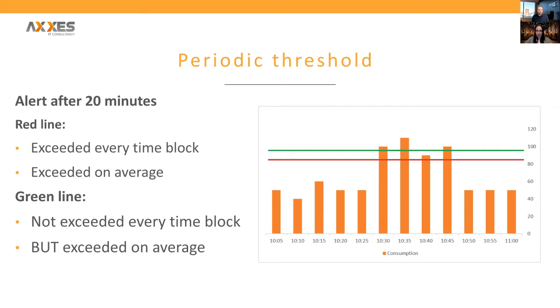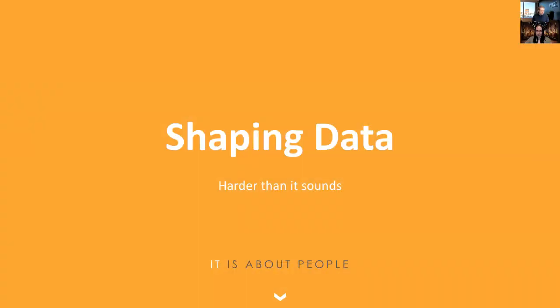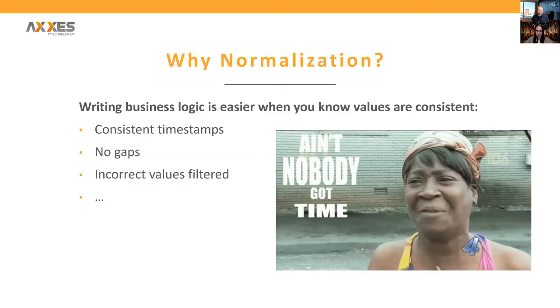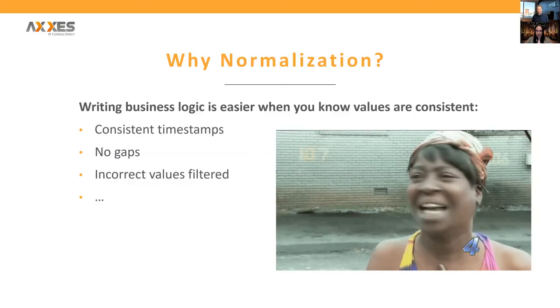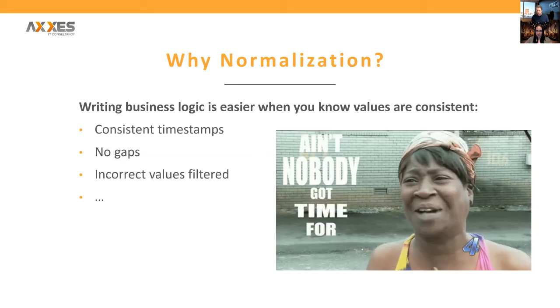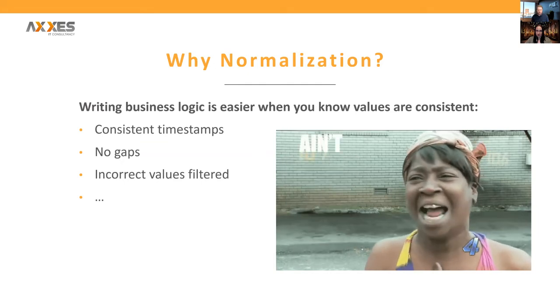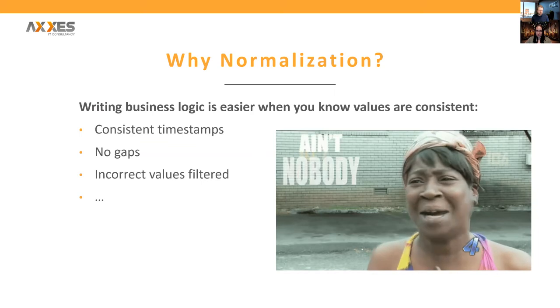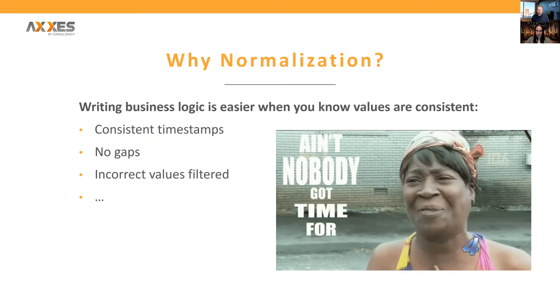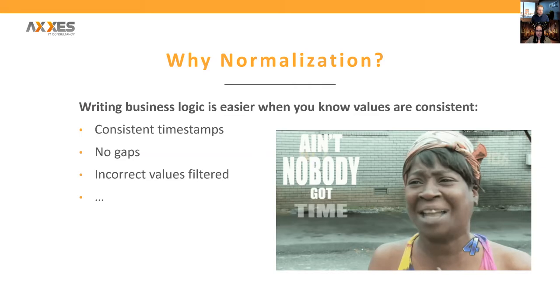Now, in order to do all this, you might want to shape your data. And that is also a lot harder than it sounds, because when these devices are sending stuff to your backend, you can't count on anything to be correct. A lot of these meters are very, very low powered, have very, very low powered CPUs in them. And they will basically not even give you consistent timestamps, or there is no error correction on the serial bus that you're using to read it.